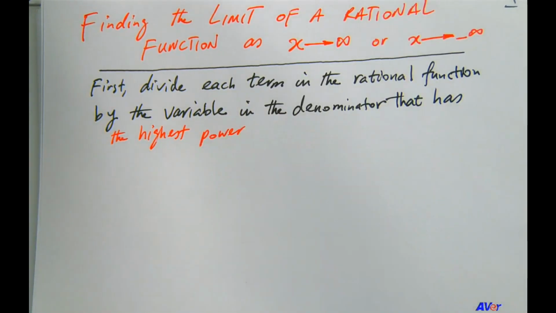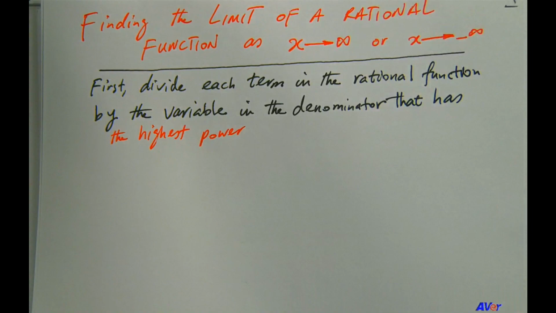Remember in our discussion of polynomials back in Math 126 and even Math 124, we talked about the leading term, right? So this is kind of like that because it has to do with the leading term in the denominator, but it doesn't make the division by the coefficient.